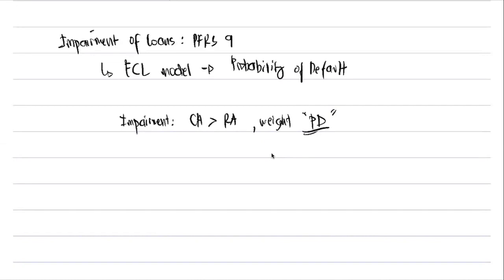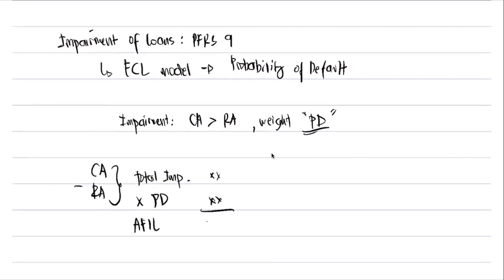Under your impairment loss in your PFRS 9, we just get the difference of the carrying amount and the recoverable amount. This is the amount of our total impairment. But we weight it based on the probability of default. So total impairment multiplied by probability of default will give us the allowance for impairment loss.